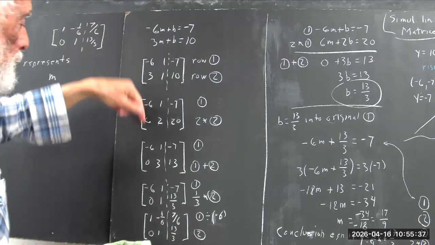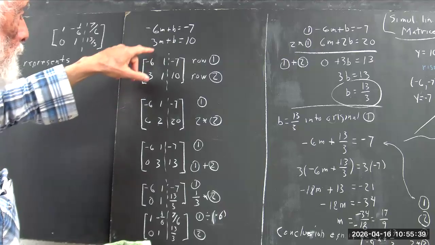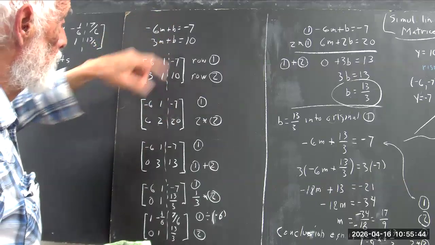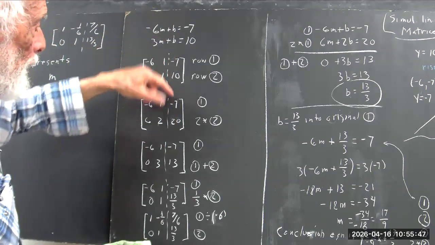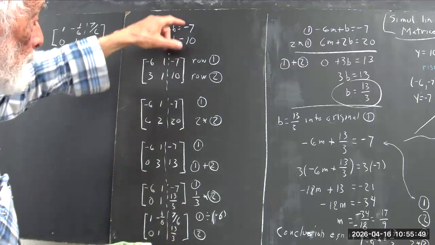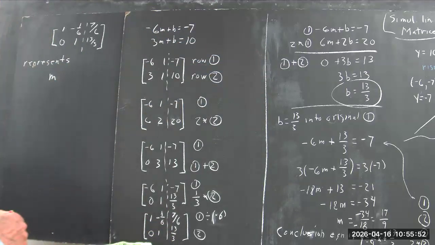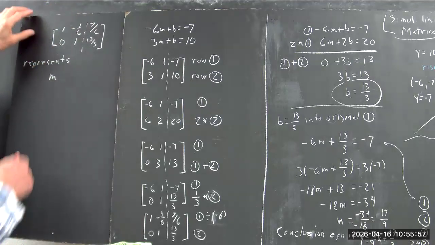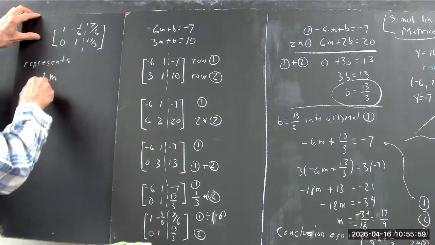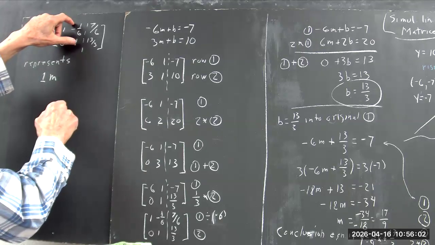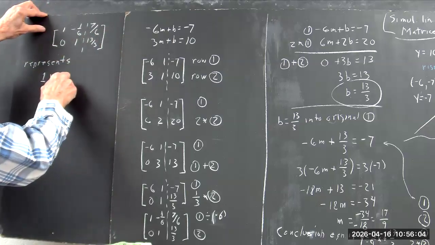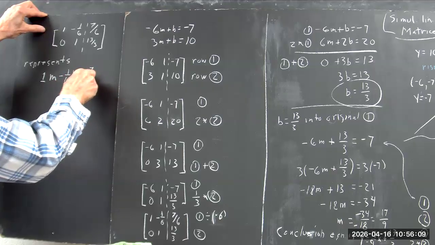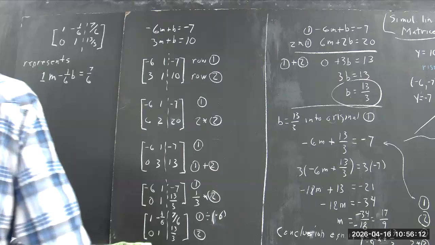So the number in my first column always represents the coefficient of m. The number in my second column always represents the coefficient of b, and the number in the third column always represents what's to the right of the equal sign. So 1, negative 1/6, 7/6 means 1 is the coefficient of m, so I have 1m. And then negative 1/6 is the coefficient of b. That's going to give me negative 1/6 b equals 7/6.